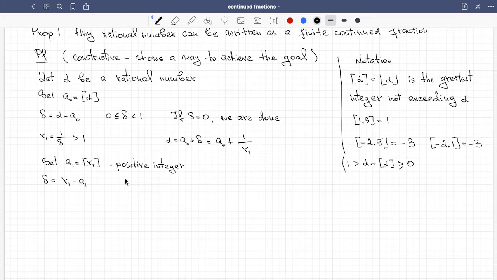And again, A1 is integral part of R1, so again we have that delta is smaller than 1, non-negative: the difference between that number and its integral part is smaller than 1. And again, if delta is 0, that may happen, we're done.